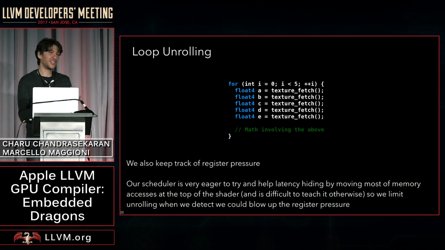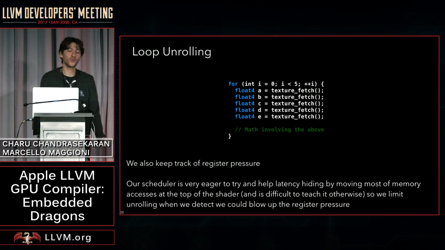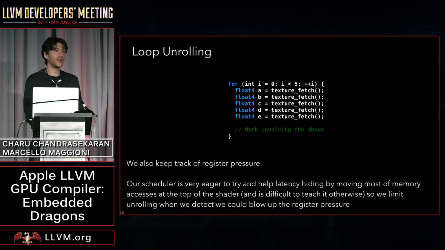Sometimes it's too eager in doing that and we blow the register pressure. So we need to be very careful not to unroll these loops if we detect a situation where we could blow the register pressure. We avoid doing that to avoid catastrophic results.